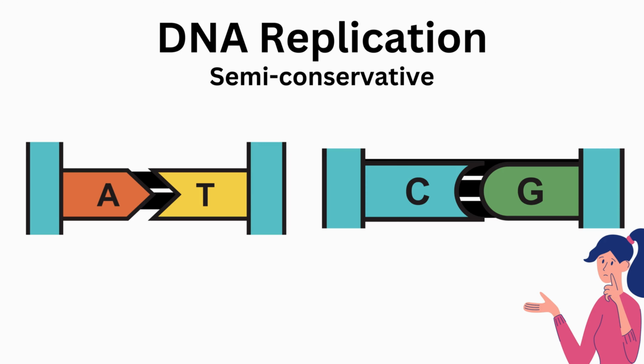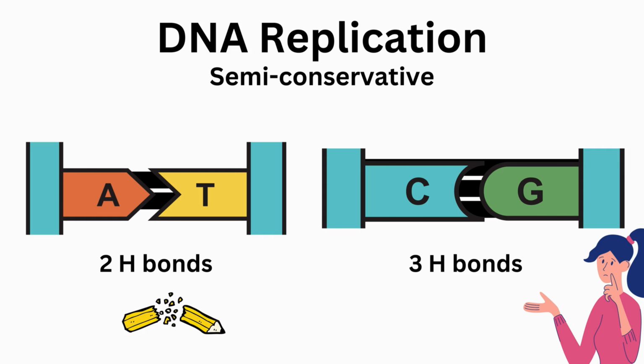Why not GC? So if you know, A and T bond with 2 hydrogen bonds, while G and C bond with 3 hydrogen bonds. It's easier to break A and T with just 2 hydrogen bonds, and it will require a lot more energy to break G and C, which have 3 hydrogen bonds between them.